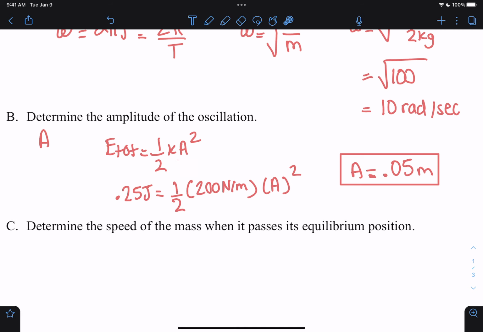the maximum distance that you can stretch or compress the spring, right? So if I stretch it 0.05 meters, that's the maximum distance I can stretch it. I literally cannot stretch it to 0.05000001 meters, for example. I cannot stretch it beyond this point.